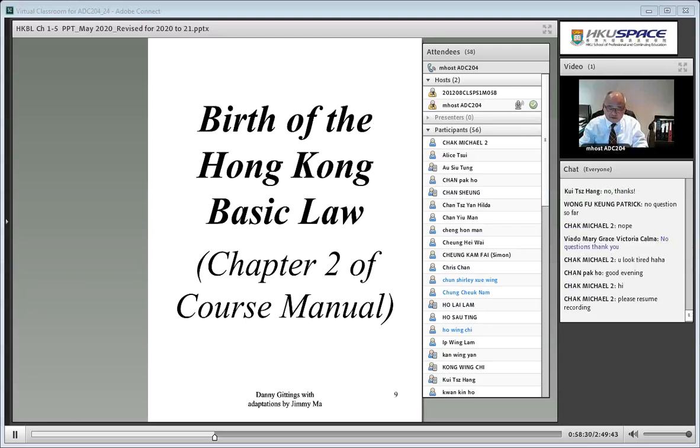Before I start with chapter 2, I wanted to add something to what I said about references. I made reference to the course manual, the reference material provided by Honolulu Space, the book written by Mr. Danny Gittings, and two others, one by Johannes Chan, the other by Yash Ghai.